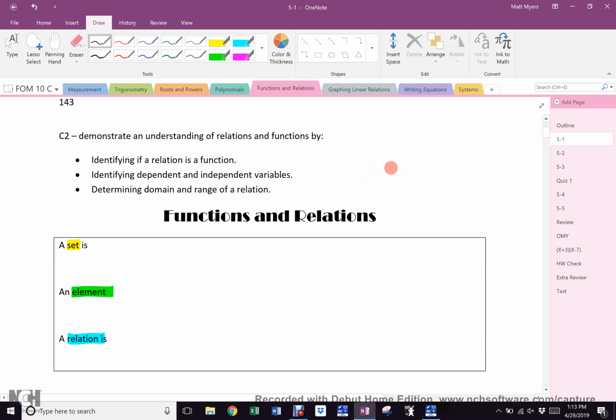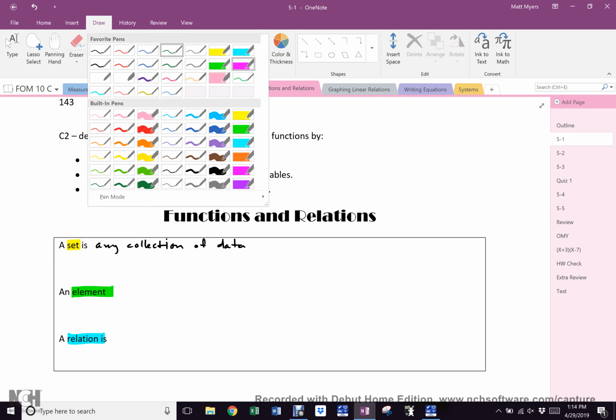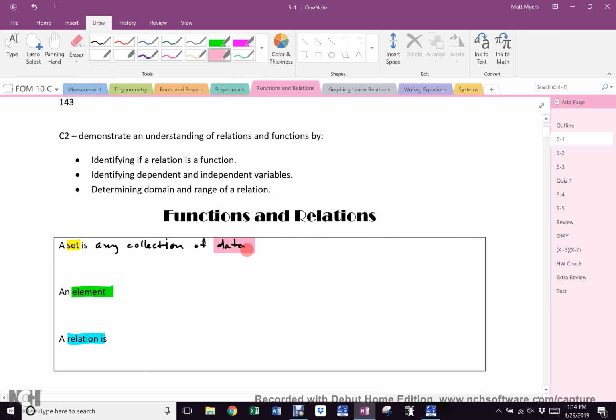So what it means in math is a set is any collection of data. Now I say data, some of you say data, it doesn't matter. Any collection of data. And data in math, I'm going to do that thing where teachers use a word and then they put another word in the definition that needs another definition.